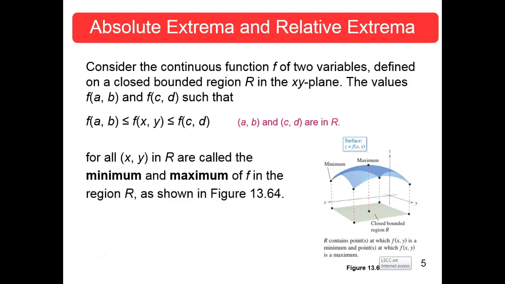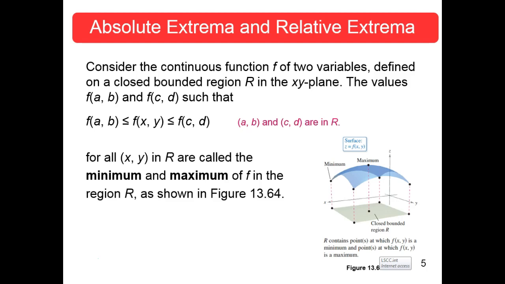Consider the continuous function f of two independent variables defined on a closed bounded region R in the xy plane. The values f of (a,b) and f of (c,d) are such that f of (a,b) is always going to be less than or equal to f of (x,y), and that's going to be less than or equal to f of (c,d).